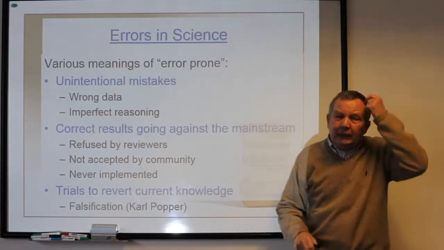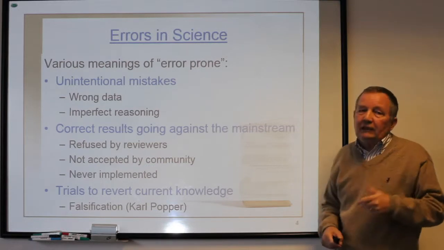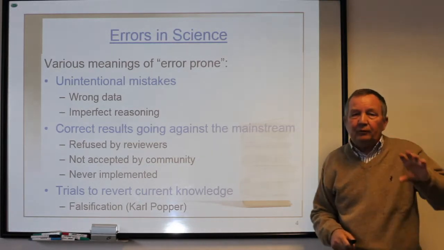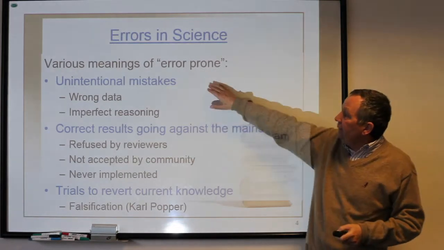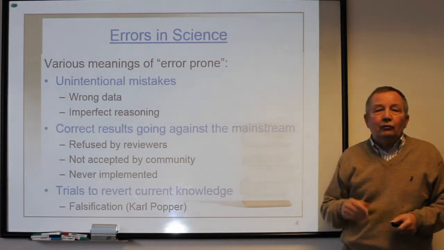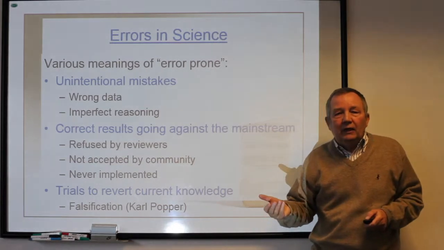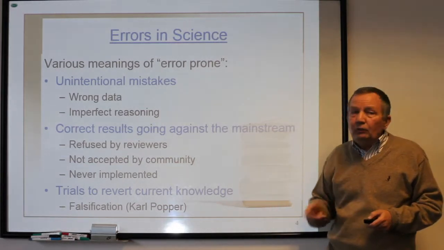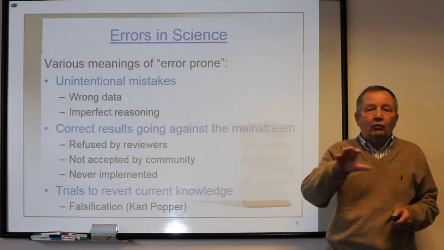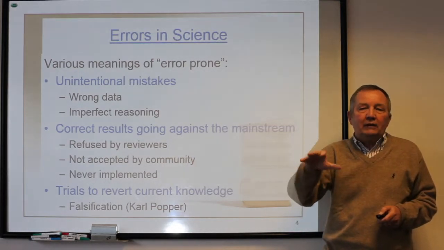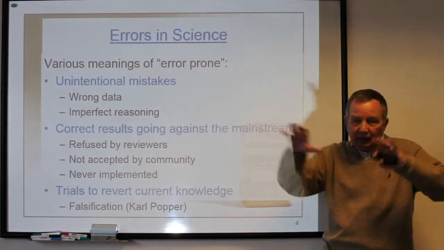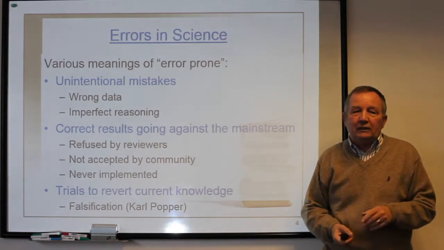So, what are the meanings of errors in science? They may happen for different reasons and they have different sources. First, most of those mistakes are unintentional, which means you use wrong data, not intentionally wrong, but simply because they are affected from different directions.